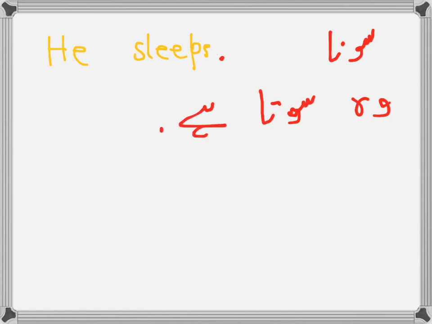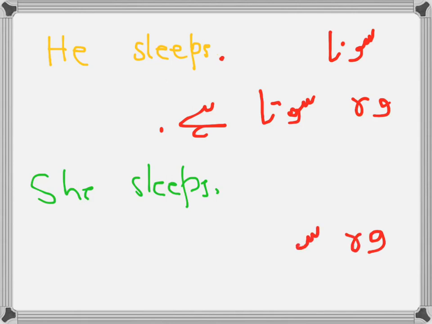And if we want to say she sleeps, then we would write वो सोती है. So you would have noticed that here we have used ता and here we have used ती. वो सोता है, वो सोती है.